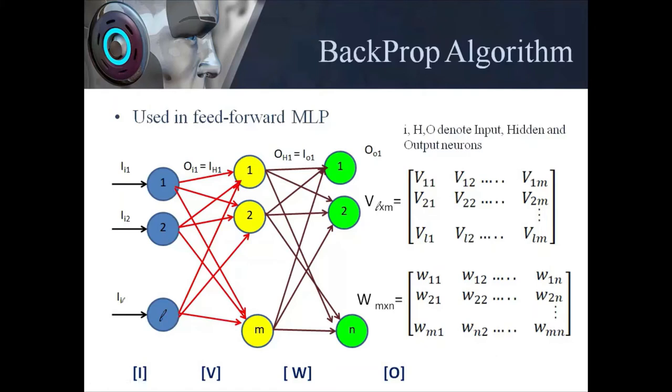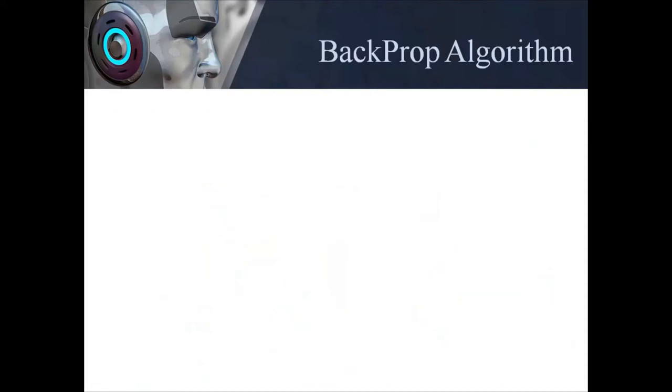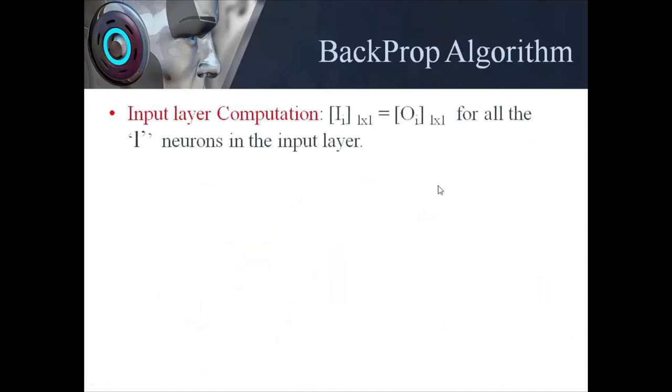So the first step to the backpropagation algorithm is, okay, we should have the target values also available for all the n neurons in the output layer. So with this knowledge we start with the backpropagation. So the first step is to compute the input.